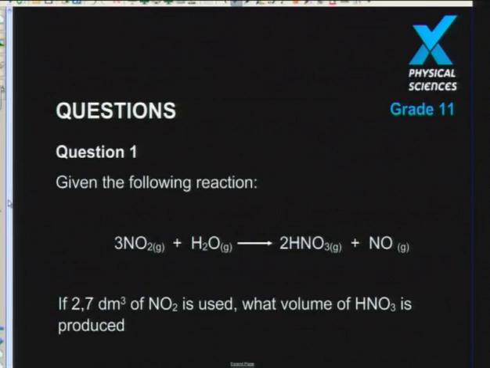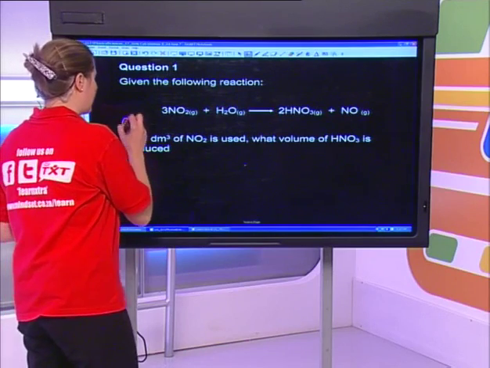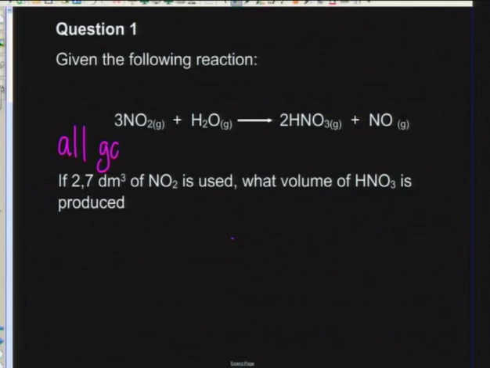Given the following reaction: 3NO2 plus water forms 2HNO3 plus nitrogen monoxide, NO. First thing I want to notice before we go any further is that these are all gases. They're all in the gas phase. How do we tell that?